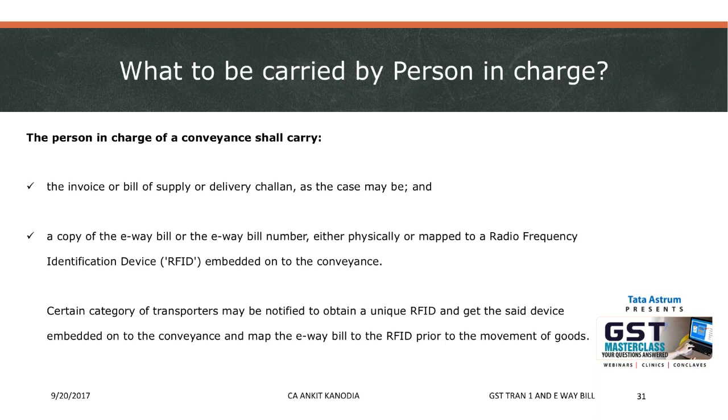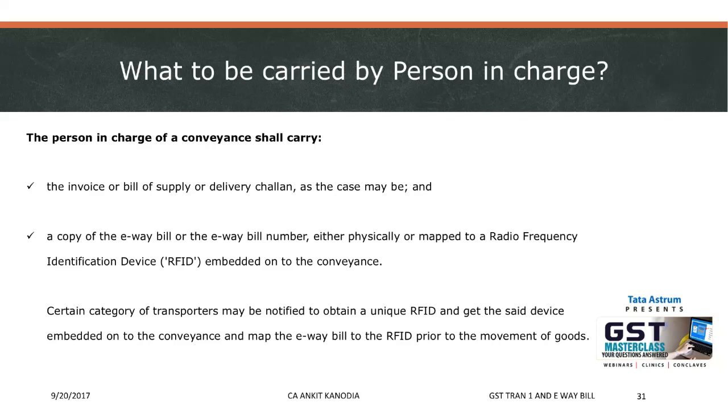The invoice or the bill of supply or the delivery challan, and the copy of the e-way bill either physically or mapped to RFID technology. A certain category of transporters will be notified to obtain a unique RFID and get the said device embedded on the conveyance and map the e-way bill to the RFID prior to the movement. Such transporters, I believe, may be those transporters who are not registered under GST and who are already enrolled, having only filled the enrollment form.